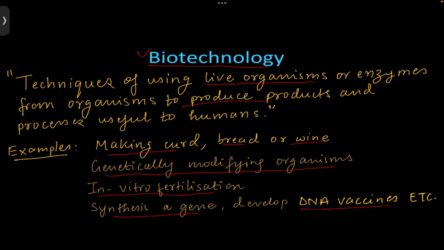And another class of biotechnology processes, which can be termed as advanced, helps us do much more sophisticated things like making genetically modified organisms like plants and animals, performing in vitro fertilization, synthesizing genes and developing DNA vaccines.